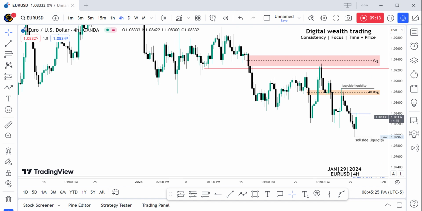On the 4 hour, we can see that euro priced lower, swept the sell side liquidity, and began to price back into the range. I am very pleased to see euro deliver price lower and tap the daily discount OB before pricing higher.